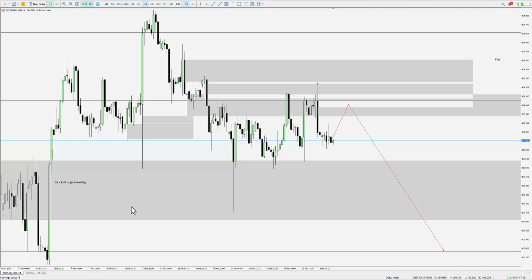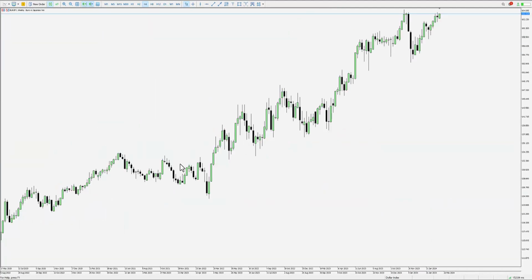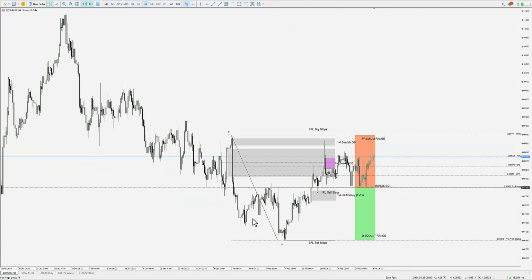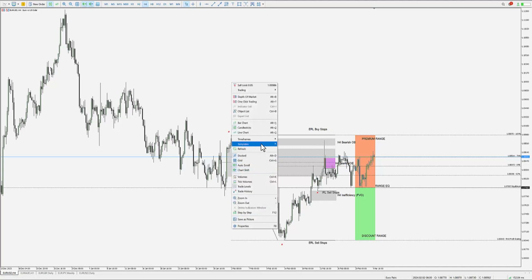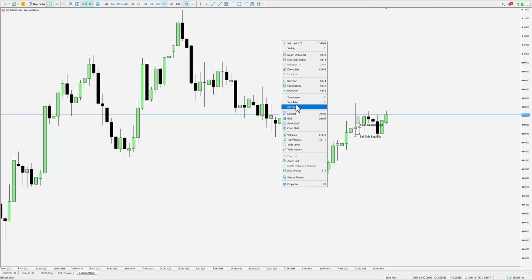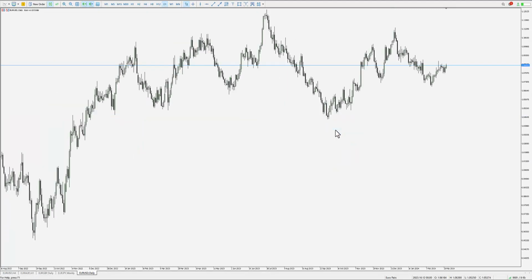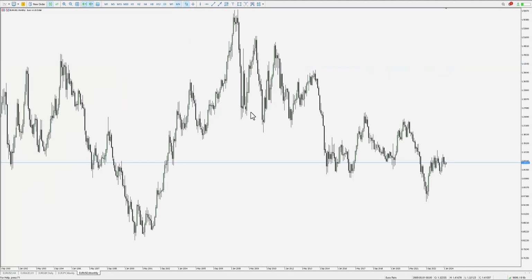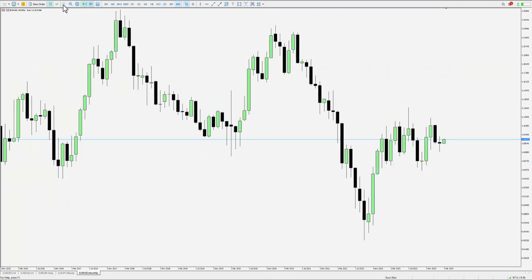So with the focus being bearish on dollar, the opposite applies now when we go to the euro. I'm going to be looking for long opportunities from discount. So I'm expecting euro to gain strength.